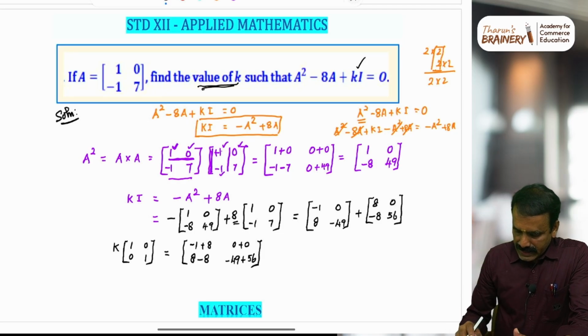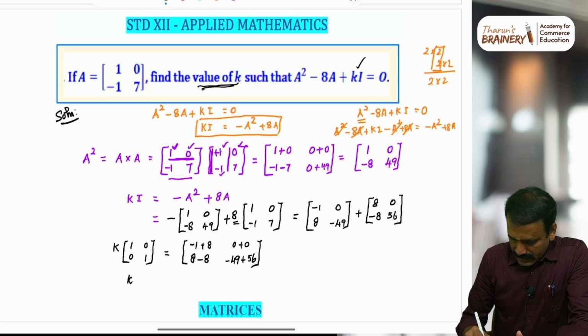So I multiply k inside, scalar only, we can multiply. So it is k 0 0 k.